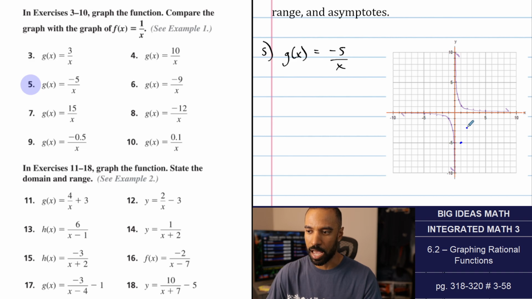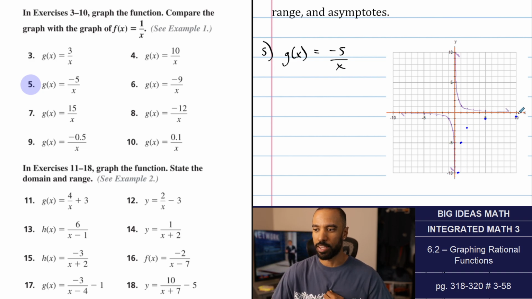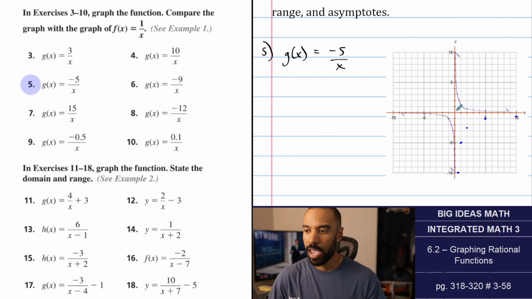If I can fit something, I'm going to fit that one. -5 over 5 is -1. -5 over 10 is -0.5. -5 over 1/2 is -10. So I'm going to get those points as well. Get some good points if I can, without use of a table. And then divide by the negatives, you get positive. Divide by -1, -2, -5, -10, and -1/2. Great points to plot. Already done. Just need to draw the curve.